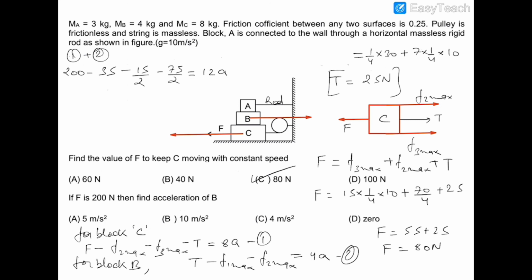Now this is 200 minus 35, which is 165, minus 15 plus 75, which will be 90, and 90 by 2 will be 45, and it is equal to 12a. So 165 minus 45 will be equal to 120, and that is equal to 12a. So a will be equal to 10 meters per second squared.